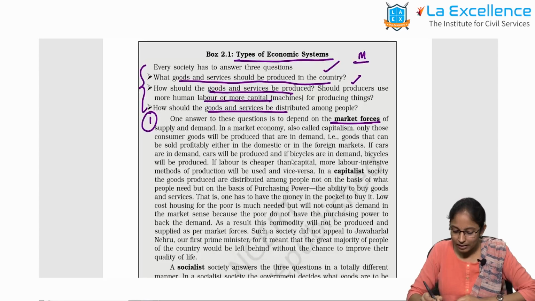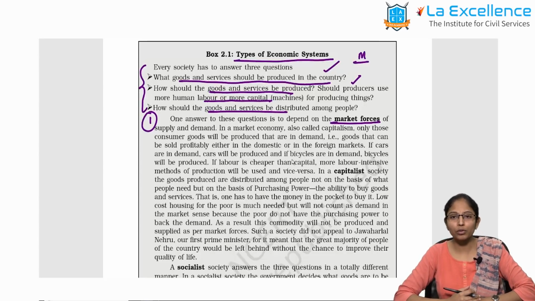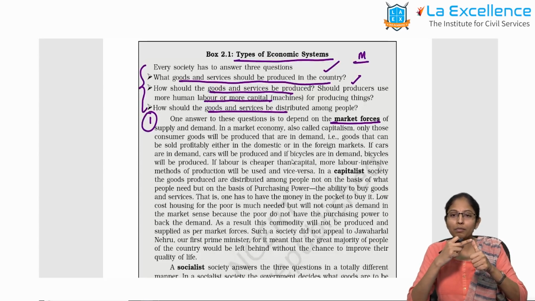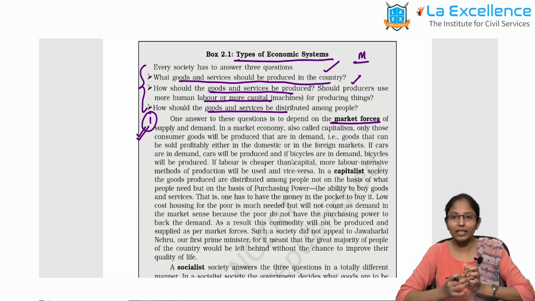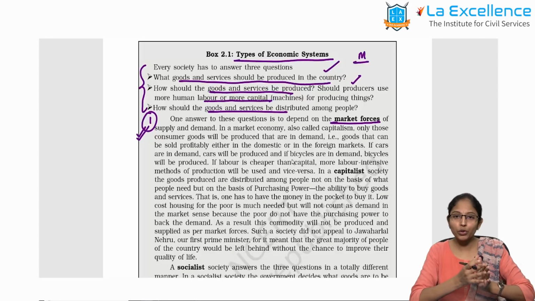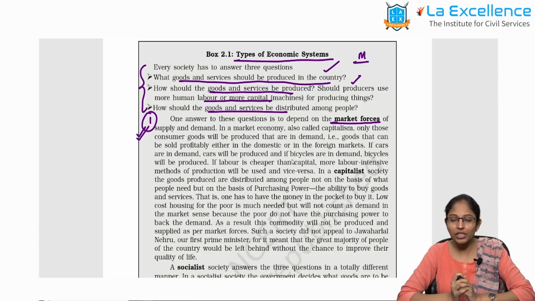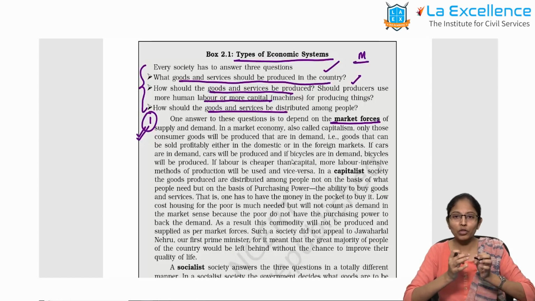For example, the second question, how should the goods be produced? Either using more human capital or machines. In a capitalistic system, it decides whether to use human capital or machines based on the profit. If the system produces more profits by using human capital, then the capitalistic system moves towards it.